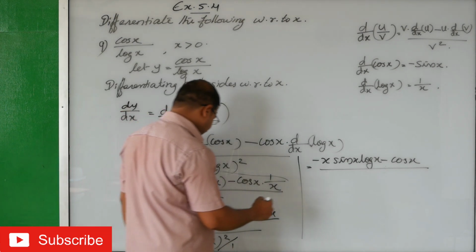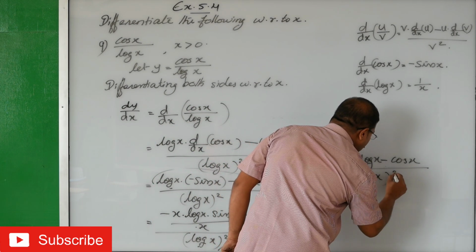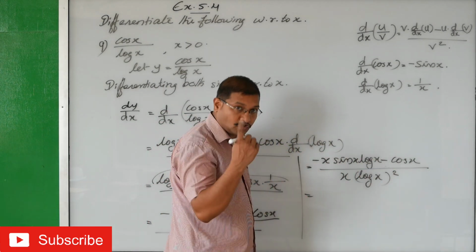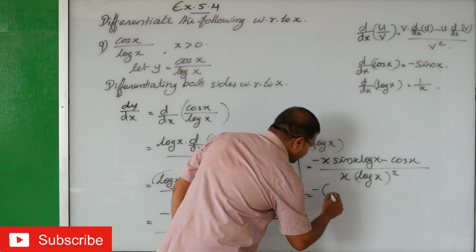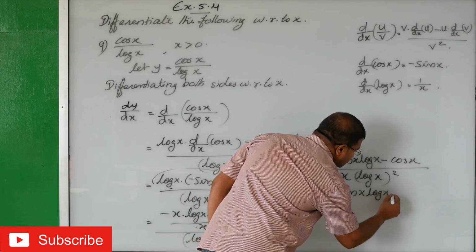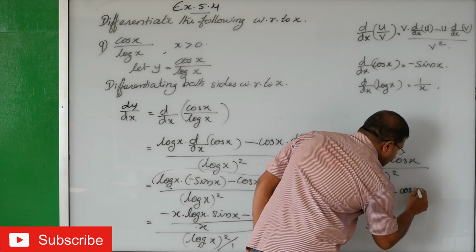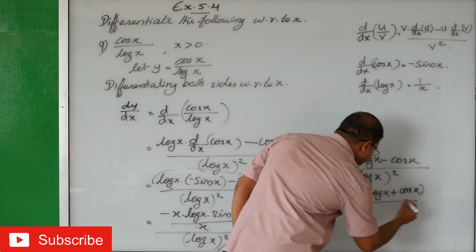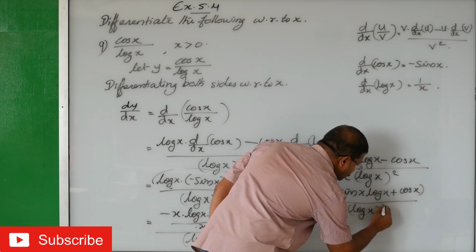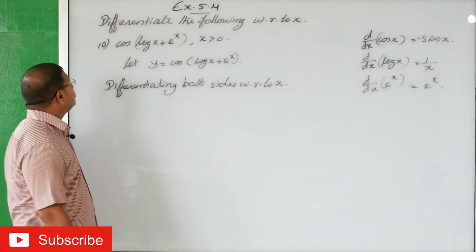That means you will get x into log x the whole square. Ready? This equals, now we will take minus as common. That means minus of bracket x sin x log x, minus, if you take outside it will be plus, plus cos x divided by x into log x the whole square. This is our answer. See the next question, question number 10.